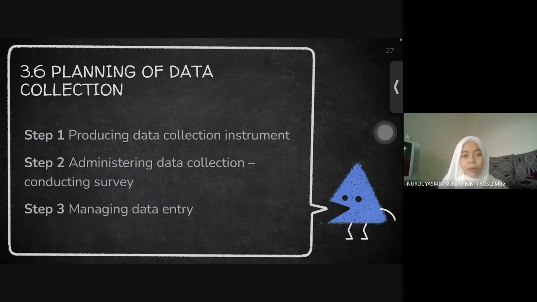Next, we will look at the planning of data collection of this research.